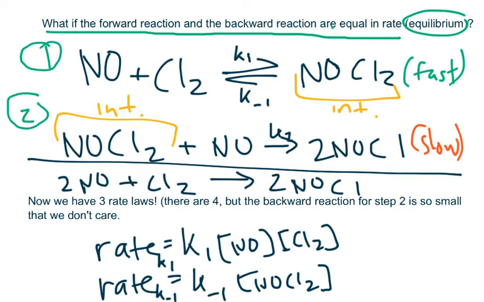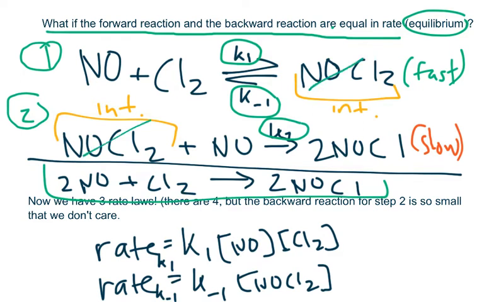Notice how for the equilibrium reaction, there's a k1, which is the forward reaction, and k-1, which is the inverse or backward reaction. For elementary step 2, it's just the forward reaction, indicated by the rate constant k2. When you add these two up, you get this as the net reaction, and you notice that NO2Cl2 cancels out, and this tells us that NO2Cl2 is an intermediate.